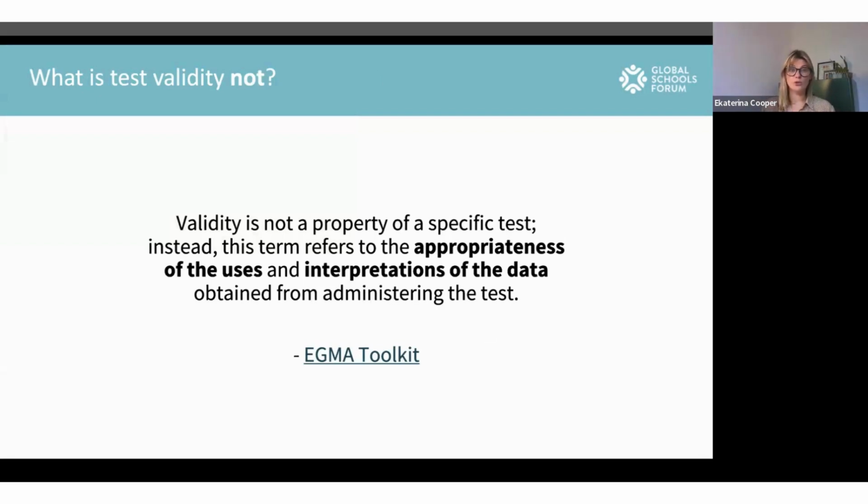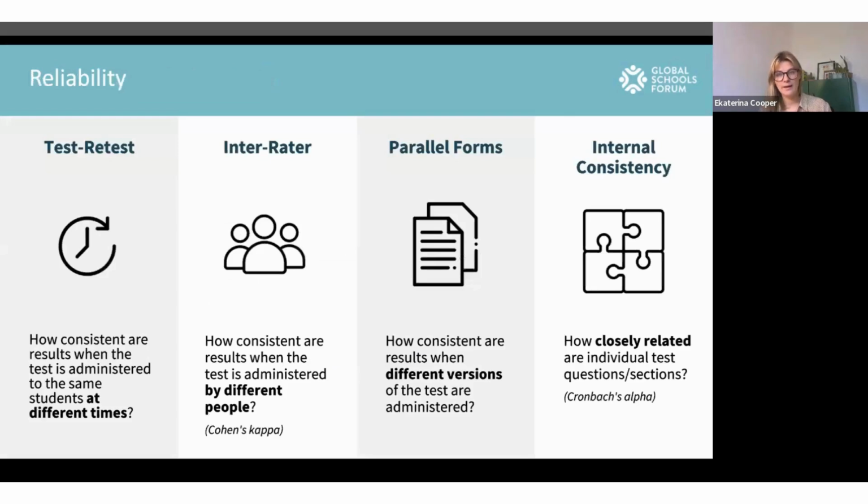So we want to ensure that the test is measuring what it's supposed to measure, it's using the right language, it's using the right domains and facets of the certain construct, that this tool is very closely related to other similar sorts of tools, and not related to tools that have nothing to do with the constructs we're trying to achieve or measure.